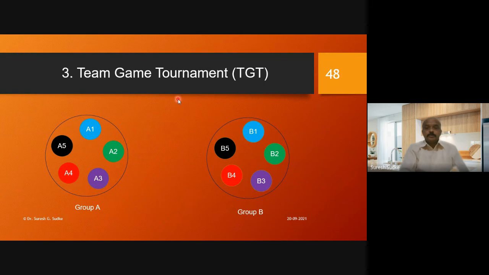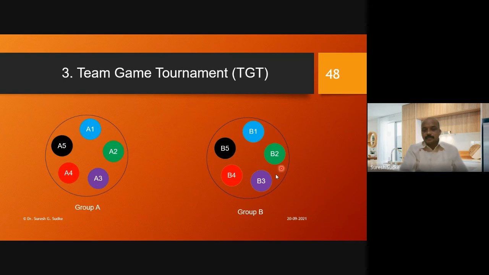Then second, team game tournament. In the second part, team game tournament, we have to prepare groups of 4 or 5 students. So we have to prepare a heterogeneous group first. Suppose this is group A; we have to name it group A, and every student as A1, A2, A3, A4, A5.